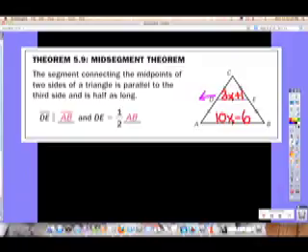Okay, now that it's doubled, it will equal this one. So just use your setup. After you double it, then you can set it equal. Okay, go for it. Solve it.